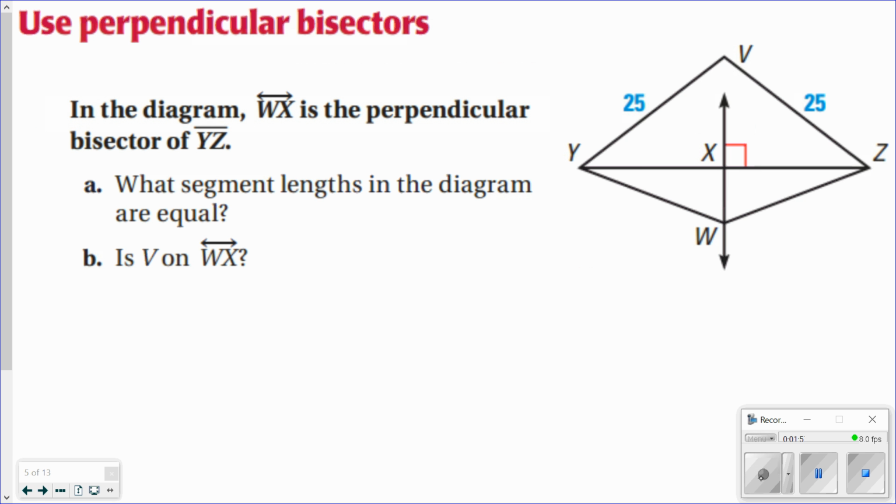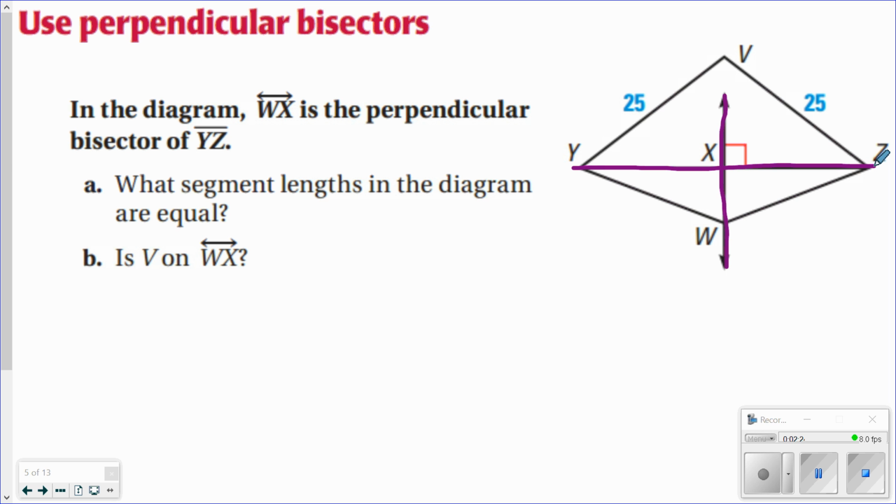In the diagram, WX is a perpendicular bisector of YZ. A, what segment lengths in the diagram are equal? All right, so here's my diagram. Let's talk about what we know. So WX is a perpendicular bisector of YZ.